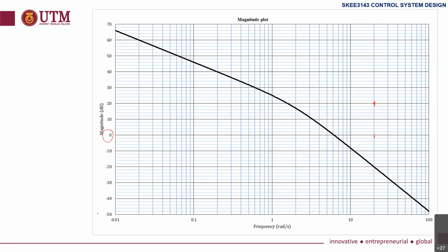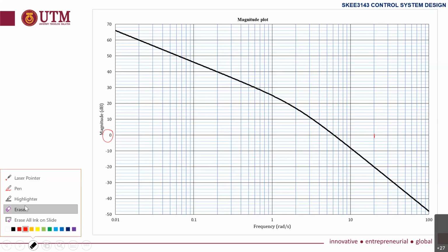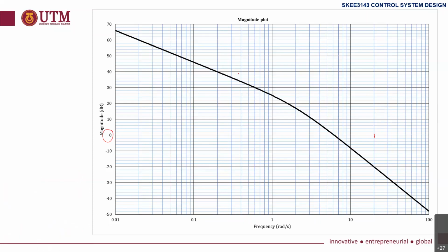It is okay. So we know that if we make a straight line from here, it should touch 20 like this. This is Kv 20.